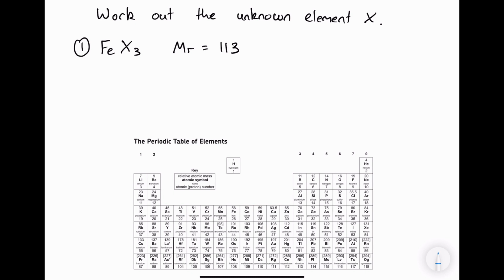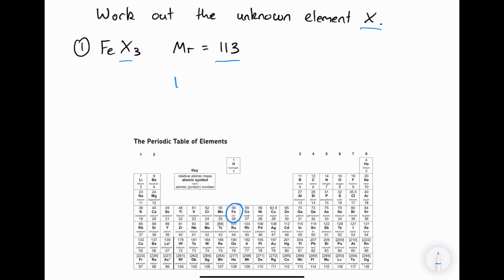Here's another kind of question you could be asked. Work out the unknown element X in this chemical formula, FeX3, and we're given an Mr of 113. So how would you work out the identity of element X? Well, first you would start by finding iron in the periodic table. It's right here. It has an Ar of 56.